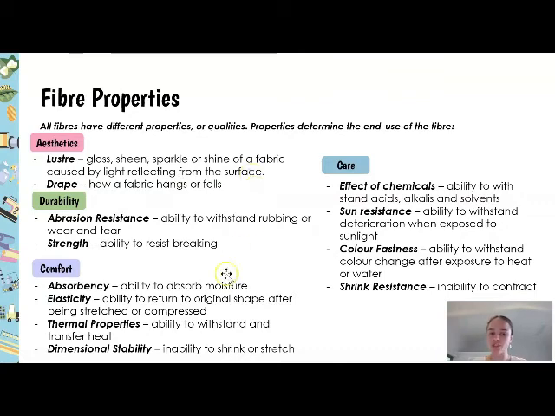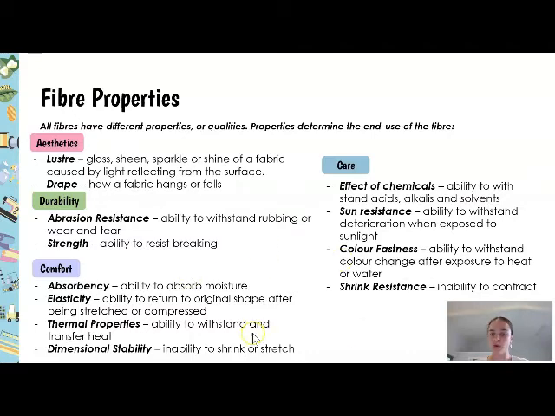But what I want you to look at the moment is these are just basic properties, and I want you to write some of them down. You are going to be asked in your work booklet to explain why it is important to understand the properties of fibers and why different fibers have different properties.